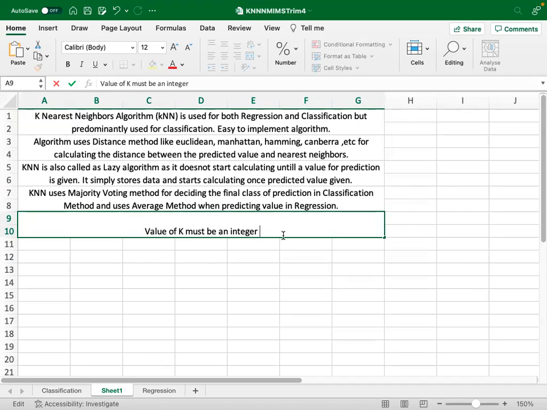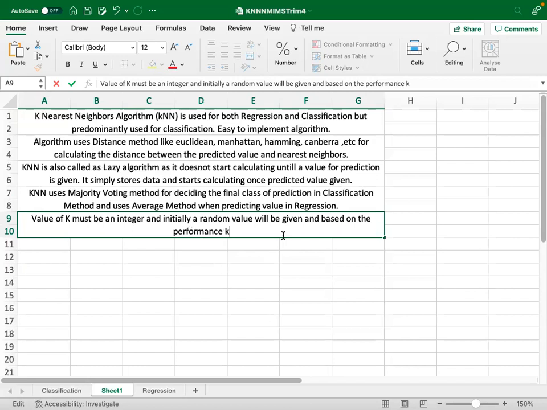The value of K must be an integer, and initially a random value will be given, and based on the performance, the K value will be adjusted.